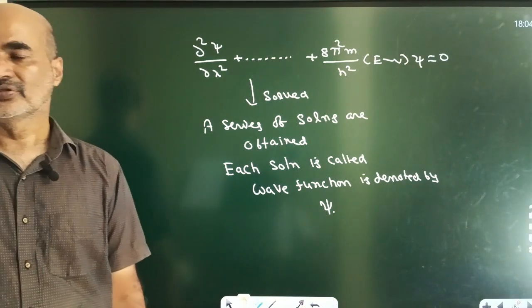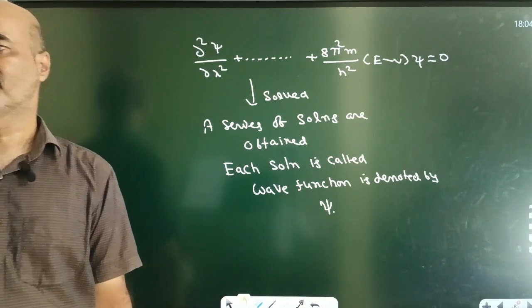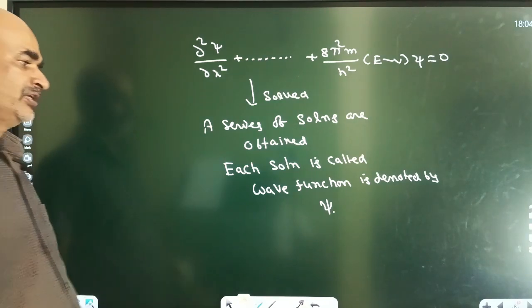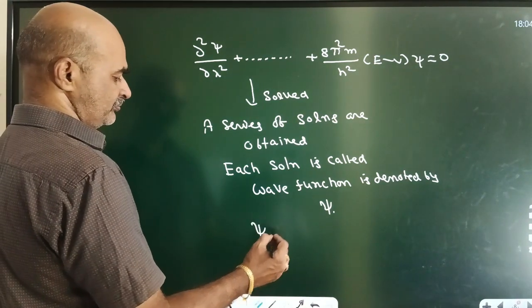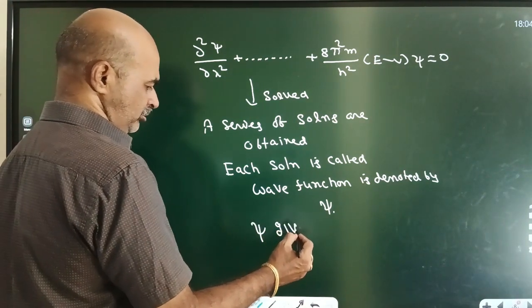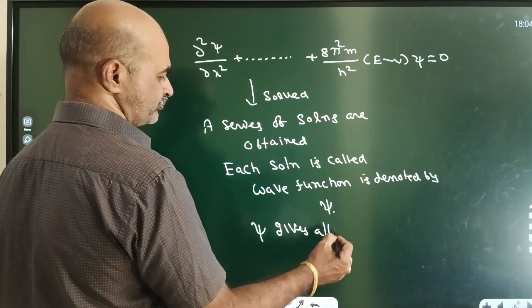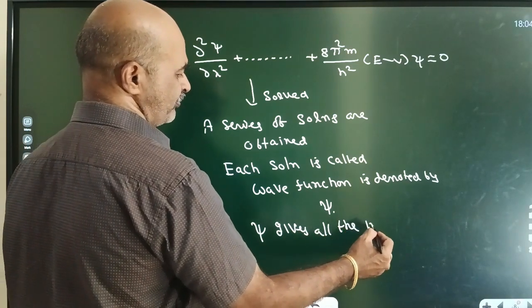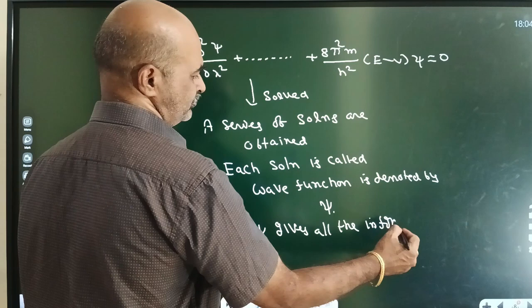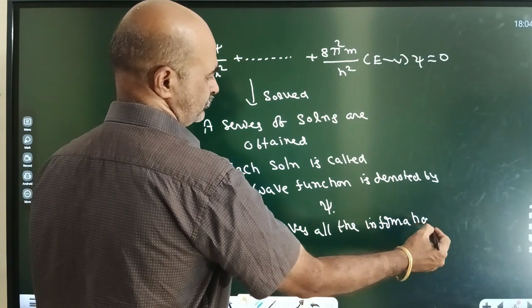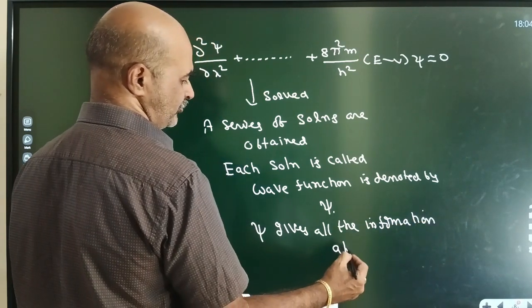Psi gives all the information about the electron.